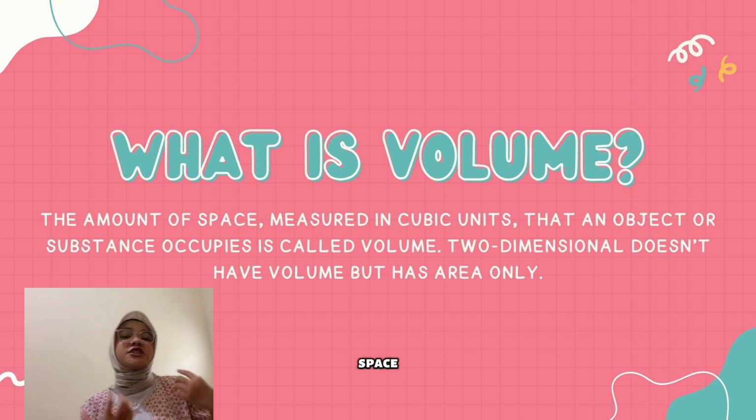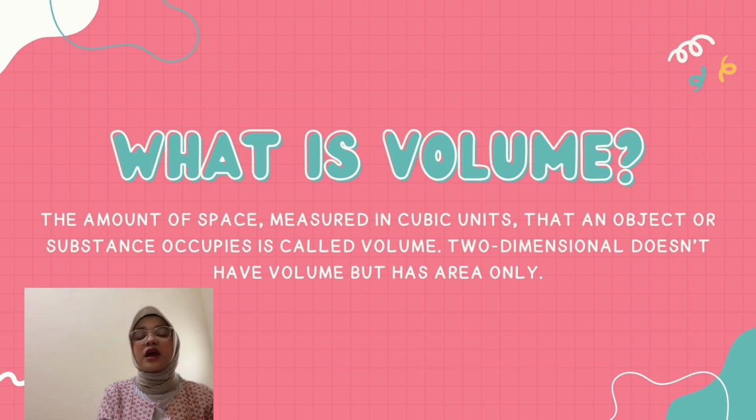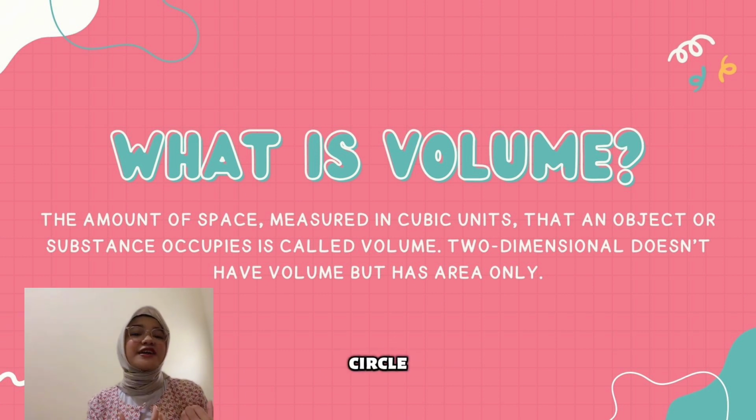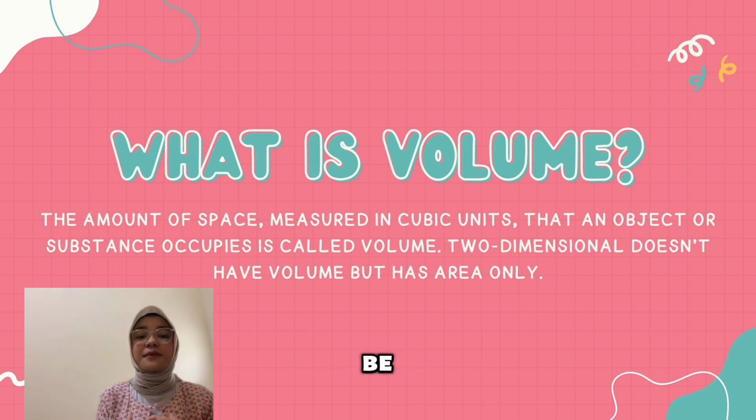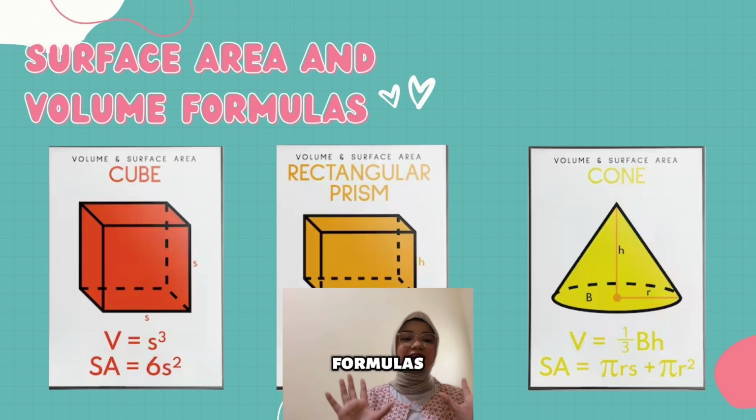The amount of space measured in cubic units that an object or substance occupies is called volume. Two-dimensional shapes don't have volume but have area only. For example, the volume of a circle cannot be found, just the volume of a sphere can be. It is so because a sphere is a three-dimensional shape.